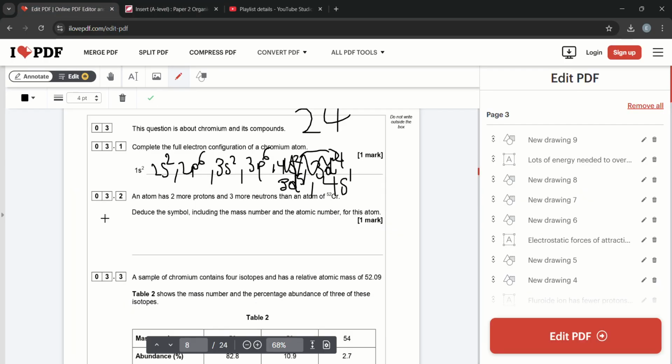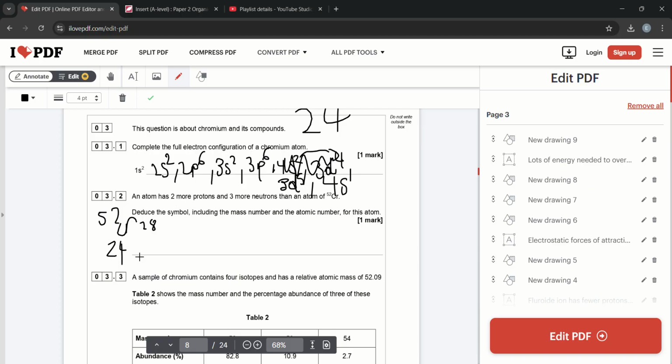So let's have a look at this. 52Cr24. How many neutrons does it have? Well, it's got 52 minus 24, which gives me 28 neutrons.